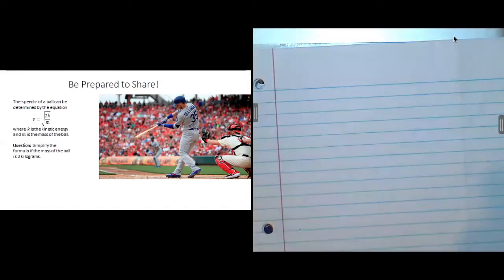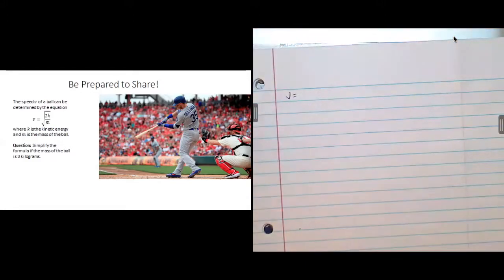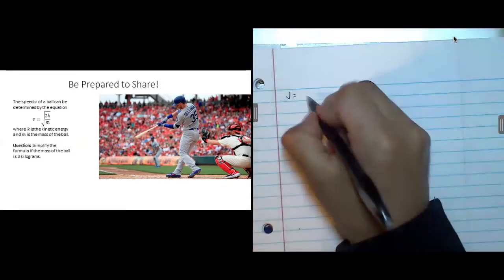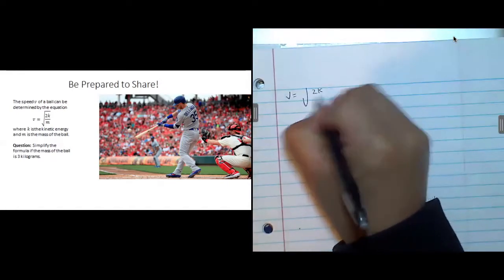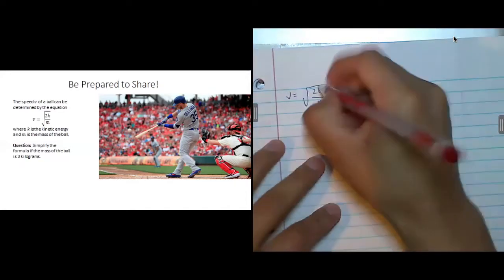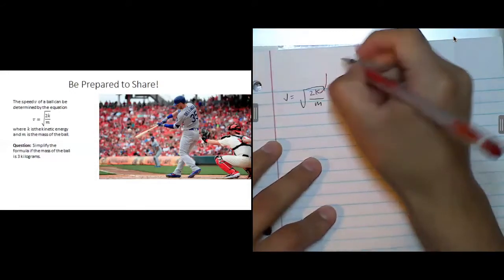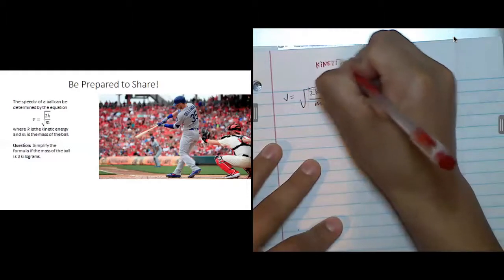So let's first write this formula. The formula is v is equal to the square root of 2k over m, right? And this k, as the text says, is kinetic energy.